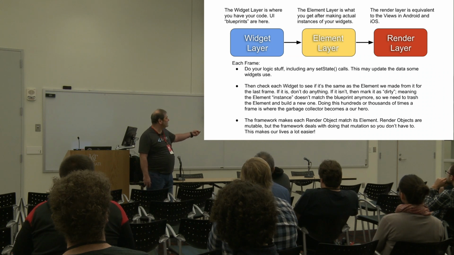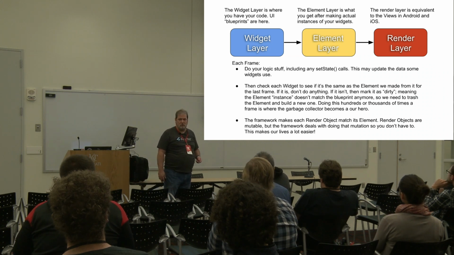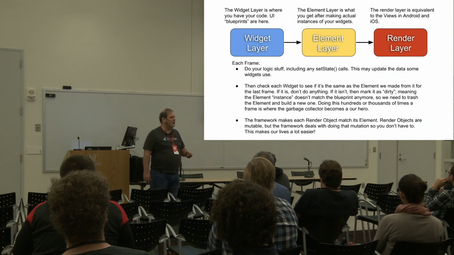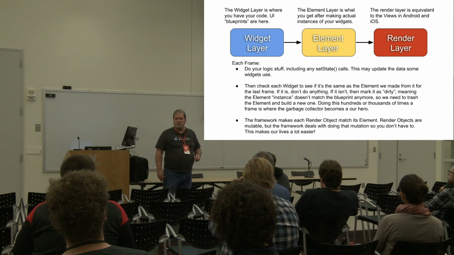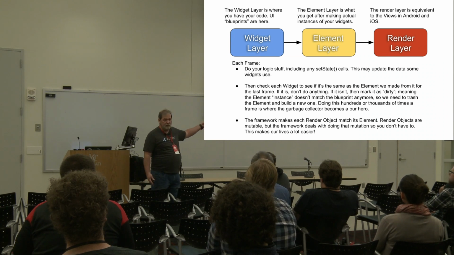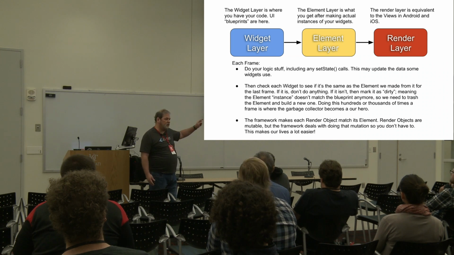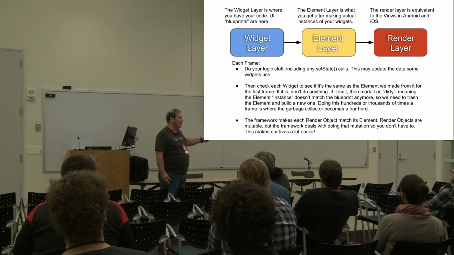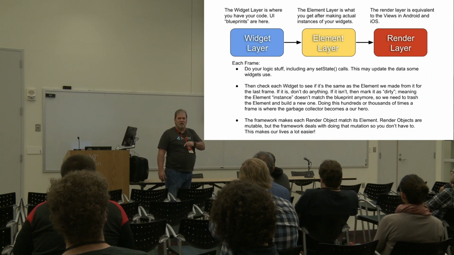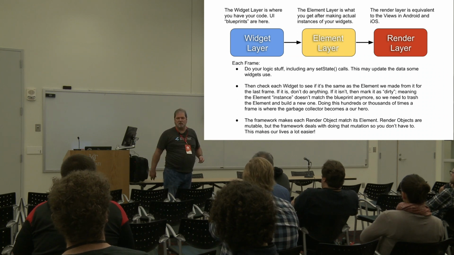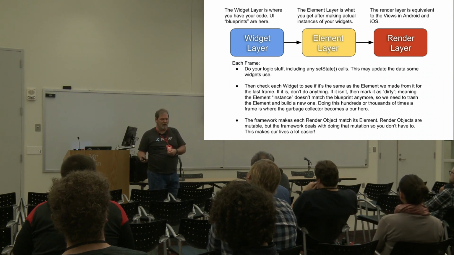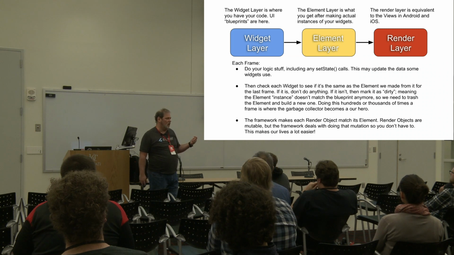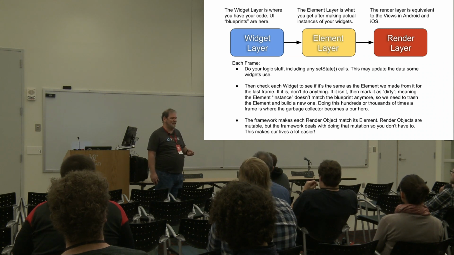If my logic changed it, then the answer is no. If my text widget pointed to Hello World last frame, but now it points to Goodbye Cruel World, then that's not right. So it's marked as dirty. It's not destroyed right away, it's just marked as dirty. And that's where you will sometimes see in your console that such and such is marked as dirty. It means that the state has changed or that element is no longer up to date and it needs to go. But for some reason it didn't get destroyed.